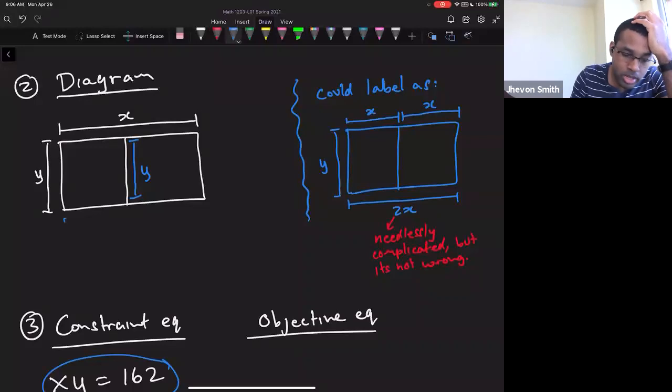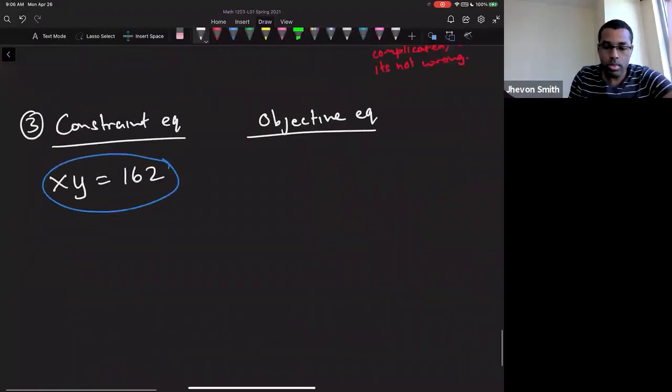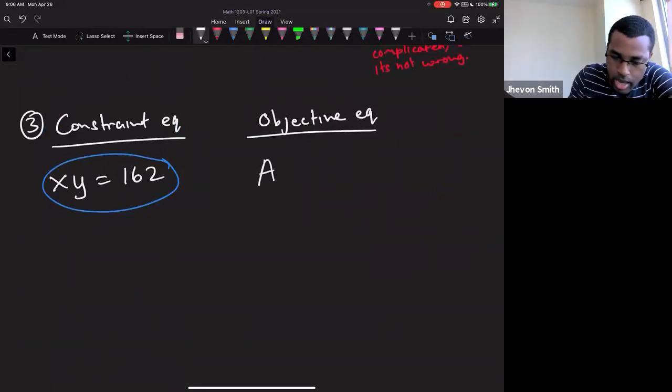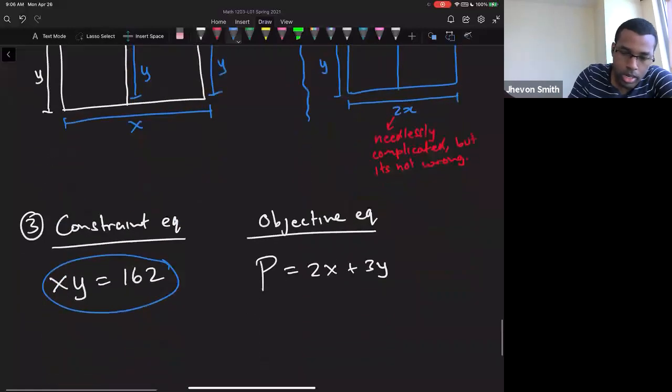Because there's going to be another x right here. That's a length x. And then I'm going to have 3 y's. So notice that I would have 2 x's and 3 y's. So here I can say A, not A, let's use P for perimeter. P is 2x plus 3y. That's going to be my objective equation.